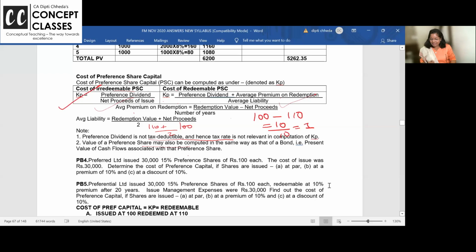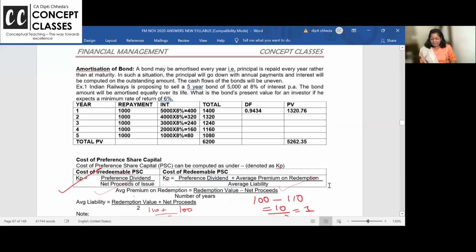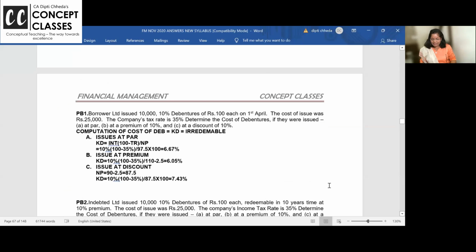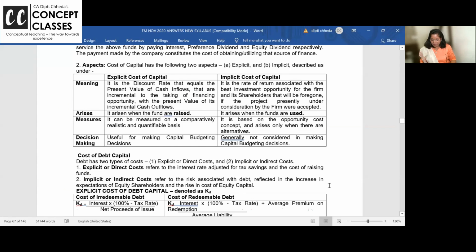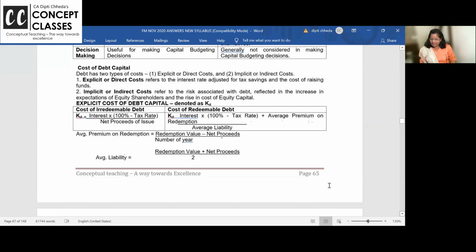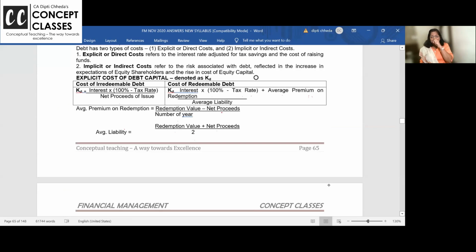I'm sharing the screen with all of you. In the last class, we have completed this. Just for a brief revision, KD's formula: interest into 100 minus tax, divided by net proceeds. And if the face value and the redemption value are not the same, then you add average premium as your expenditure and divide by the redemption value.